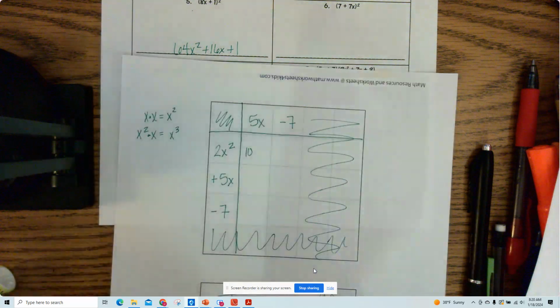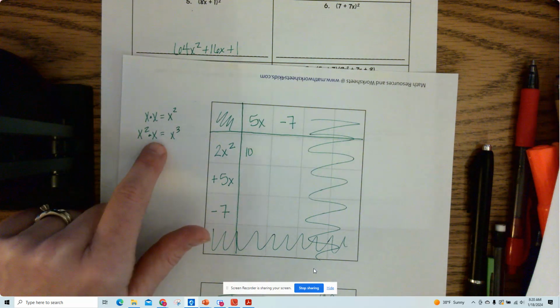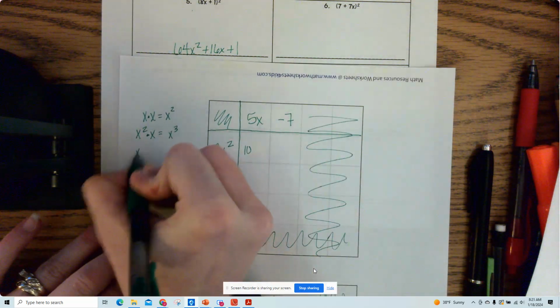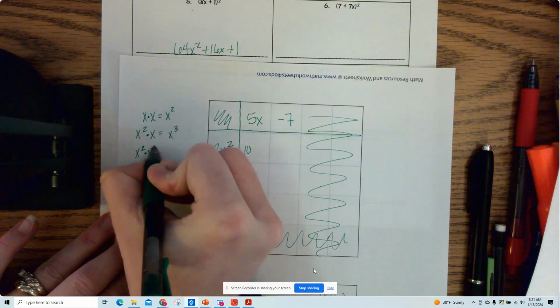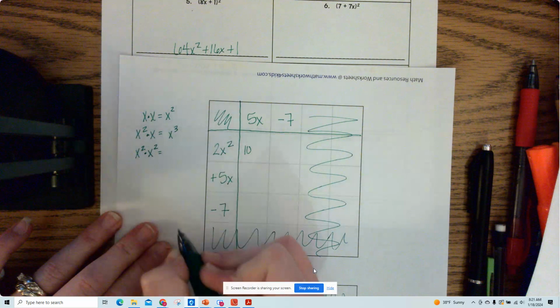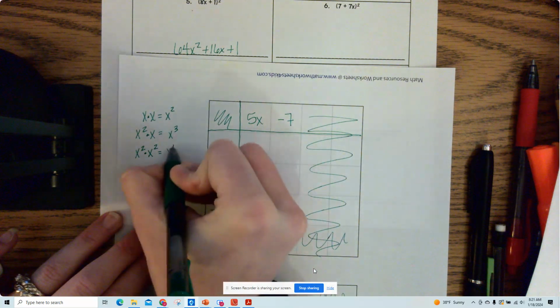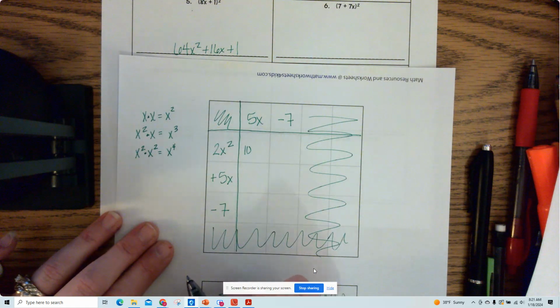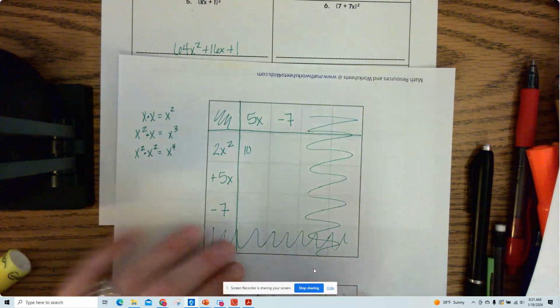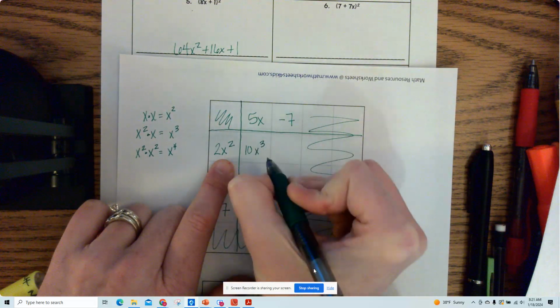I don't think we go any higher than that this year. It's either going to be x times x, x squared times x, or x squared times x squared, x to the fourth. Those are those exponent rules we just did. Those are the ones you'll see this year. All right, so x squared times x is x cubed.